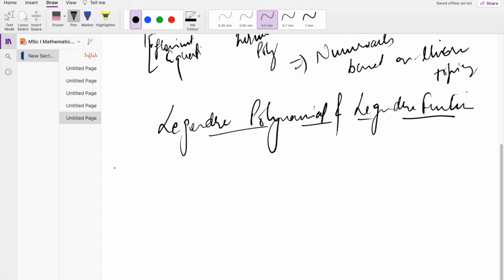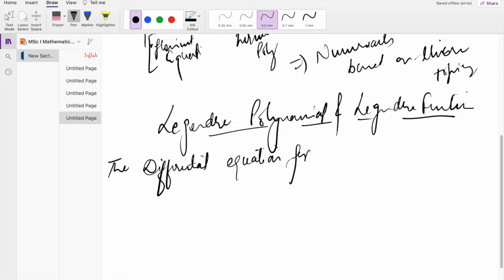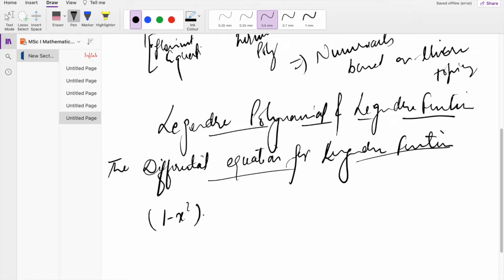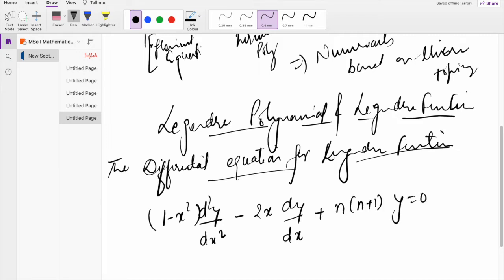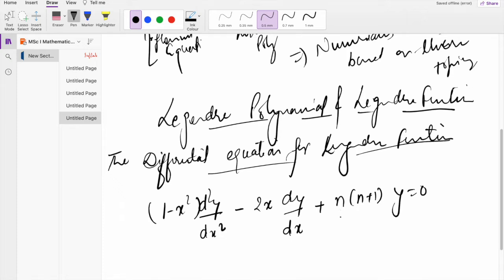So the first is the differential equation for Legendre function, which is (1 minus x square) d square y upon dx square minus 2x dy upon dx plus n(n plus 1) y is equal to 0, where x is variable and n is some constant.